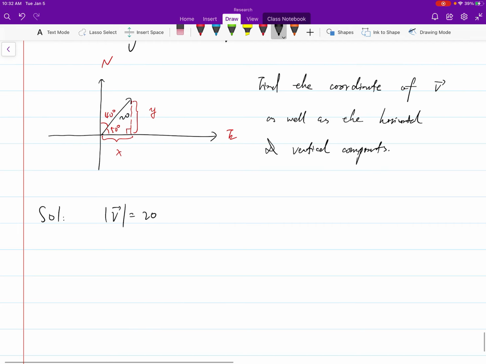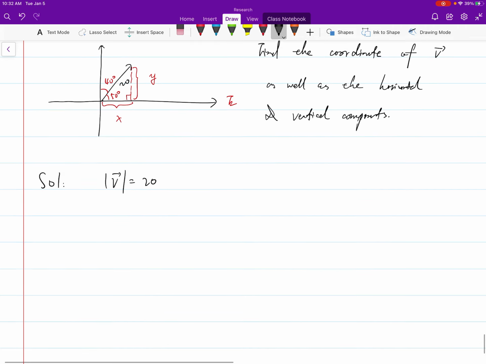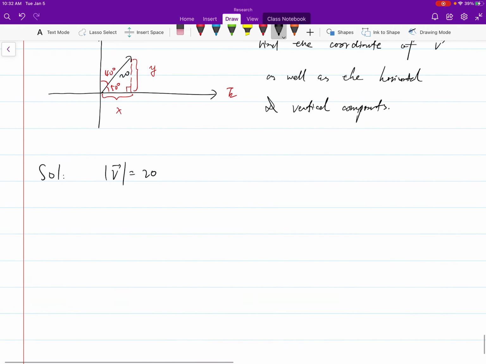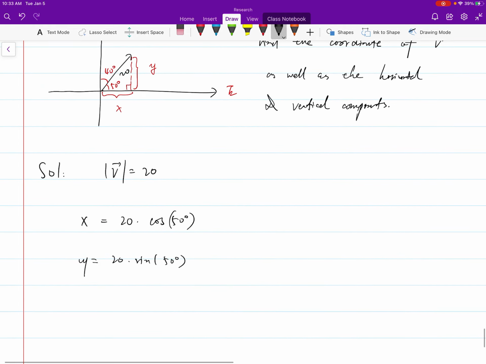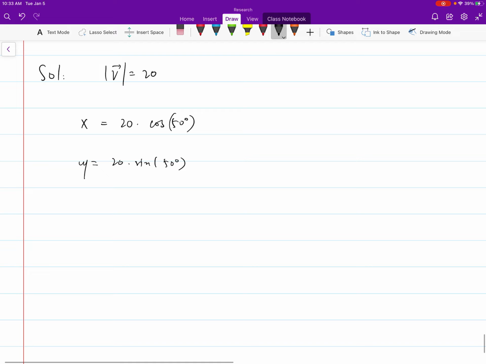So what I will write down here is the magnitude of v is 20. Forget about the direction, okay? But then the x is going to be 20 times cosine 50 degrees, and the y is going to be 20 times sine 50 degrees.